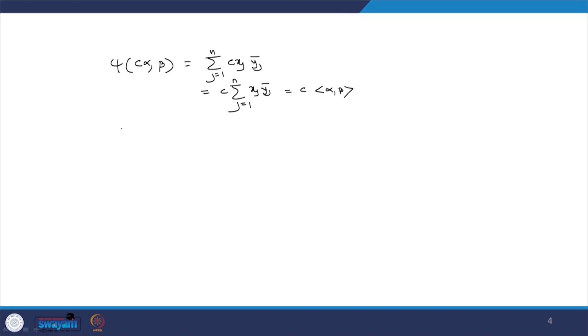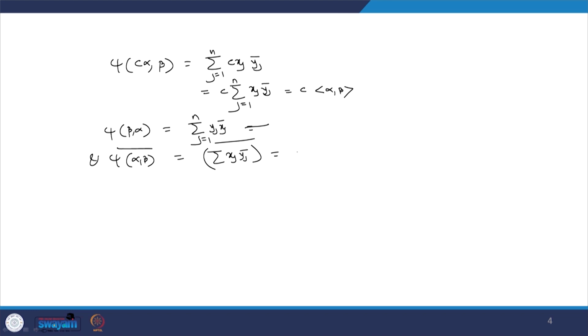Now, the third one. Psi of beta alpha equals sigma yj xj bar, j equal to 1 to n. Again, psi of alpha beta, the whole bar, equals sigma xj yj bar whole bar, and this is equal to sigma, I can write yj bar bar, that is yj, and xj bar, j equal to 1 to n.